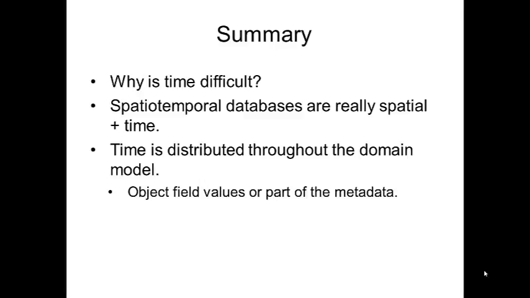I think we need a method like we have in PostGIS, where you register the spatial columns and the database, PostGIS, knows where the spatial columns are in your domain model. I think we need to do that for temporal columns, and that would allow us to have functions that deal with time depending on the data type being passed into the function, if you understand what I mean.